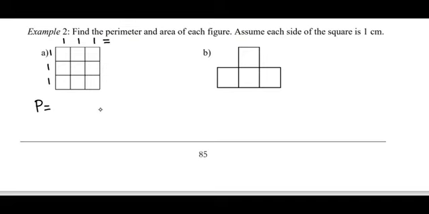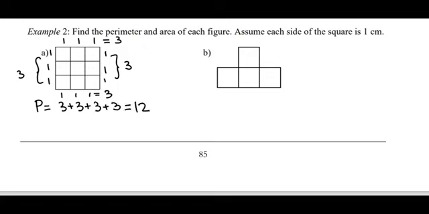So I will have 3 on top, 3 centimeters on the side, 3 on the bottom, and 3 on the other side. So 3 plus 3 plus 3 plus 3 will give me 12.